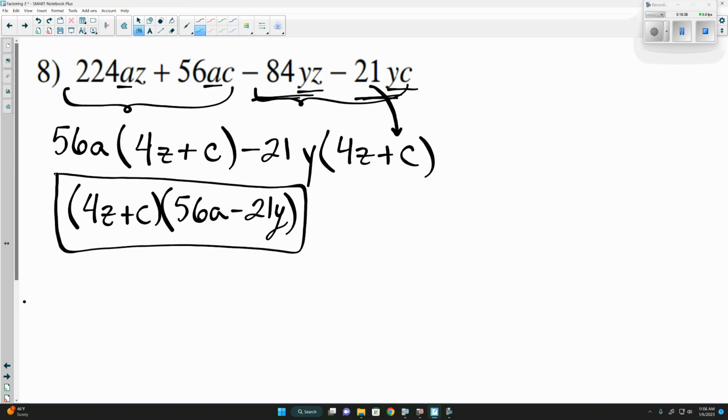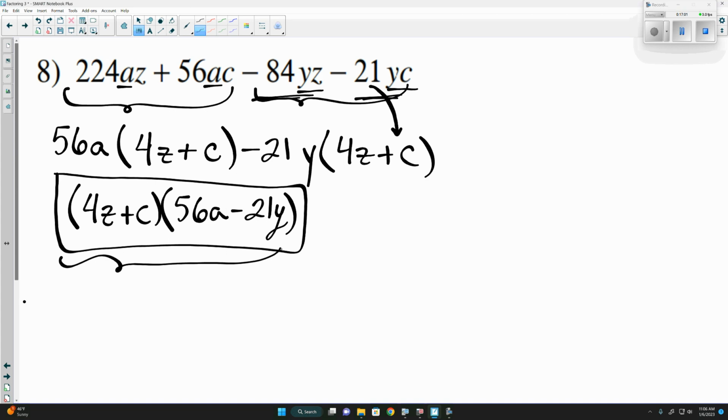Now, on some of the math tests you've taken before, or especially on the ACT, it sometimes doesn't say just factor it. It says factor completely. It wants you to factor it completely all the way down. And if it said to factor completely, technically, this here would be incorrect. And it's mainly the second set of parentheses that we would have an issue with.